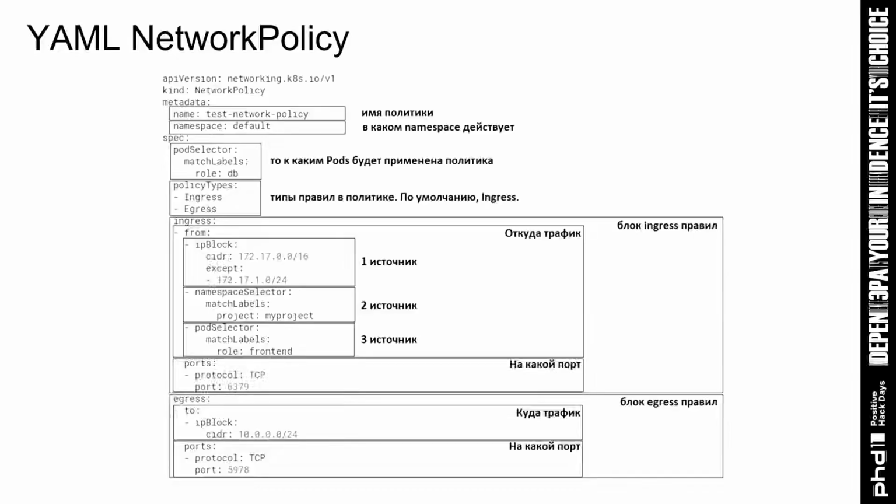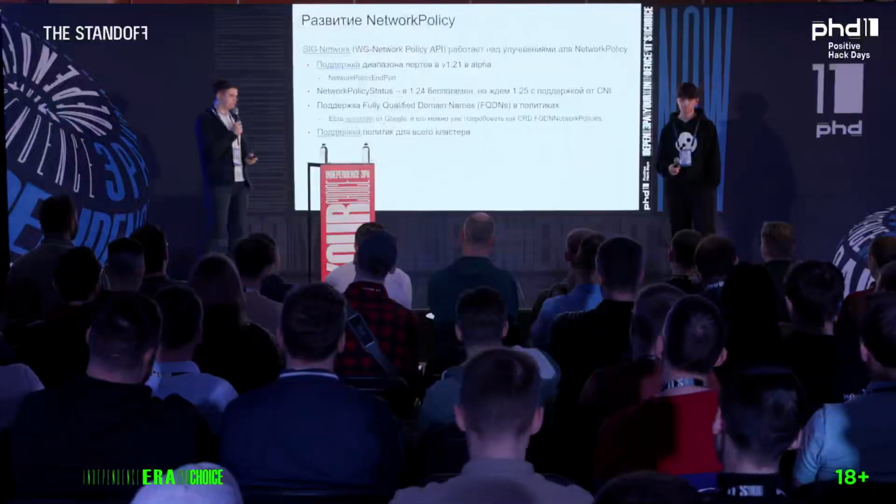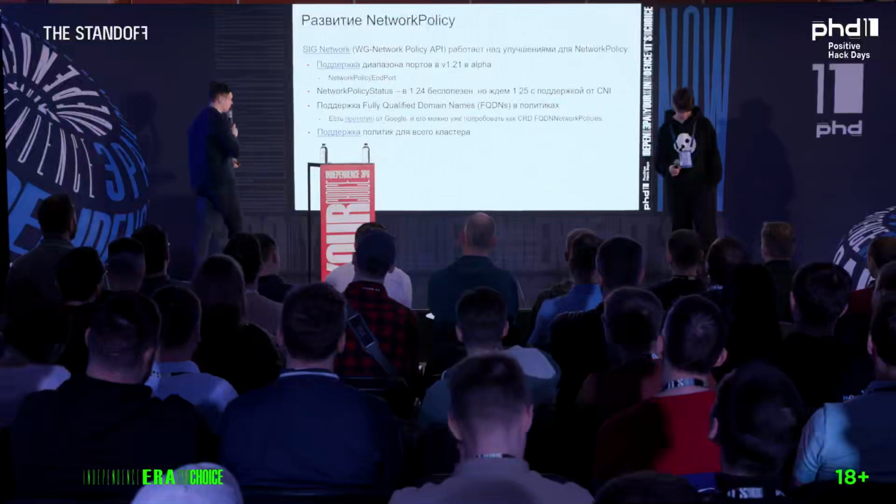You need to use labels in the right way so that microservice label this interacts with microservice label that. Here we have the ports named as well. So egress goes to particular IP blocks and particular ports. That's it. That's what native network policy is capable of.